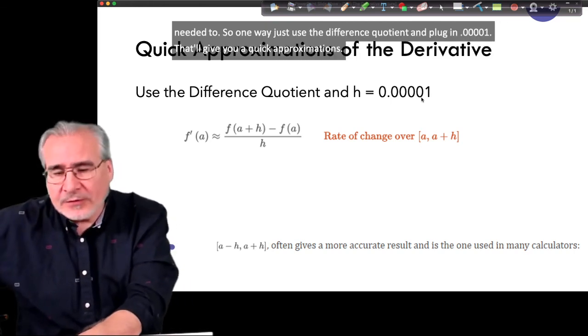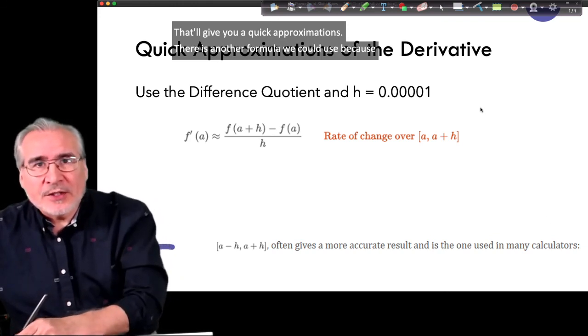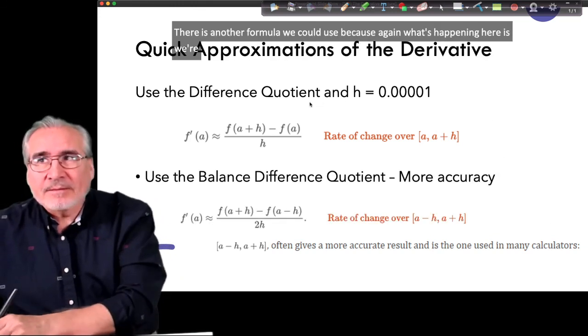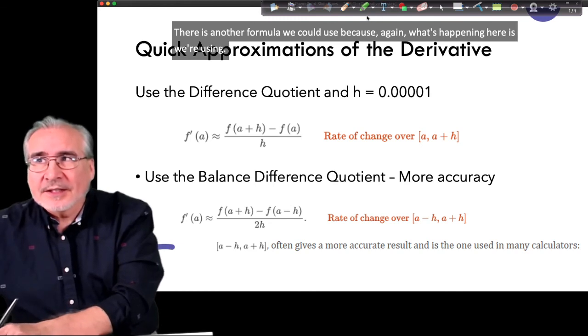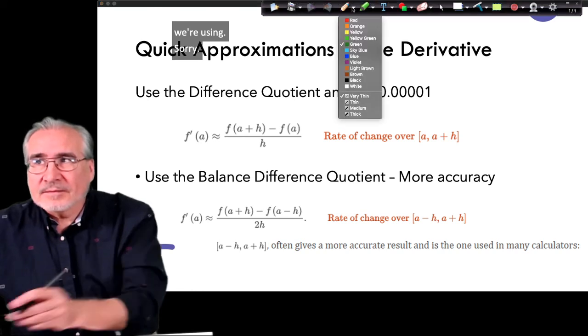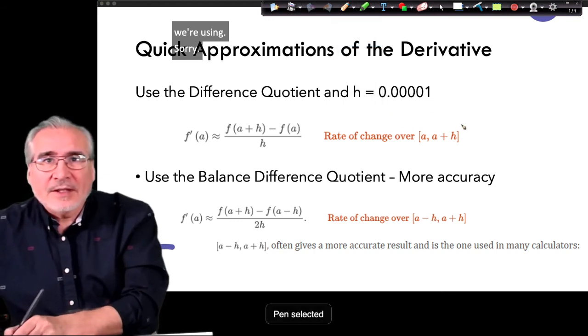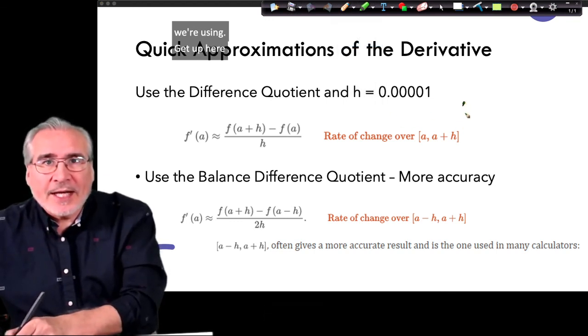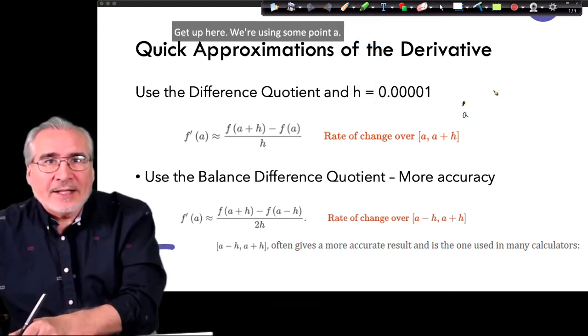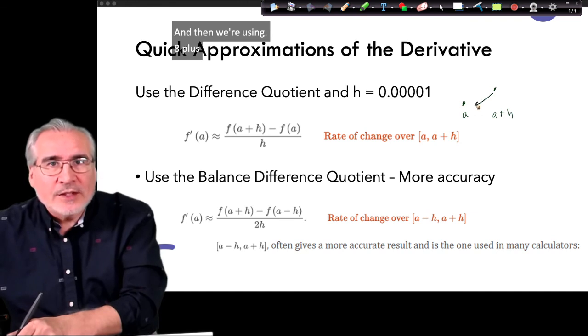Now, there is another formula we could use because what's happening here is we're using some point A, and then we're using A plus H, and we're getting closer to A from one side.